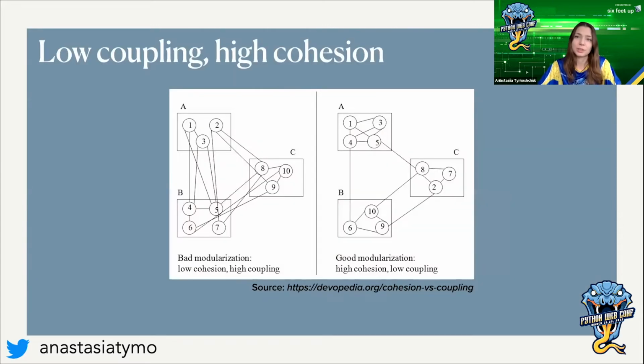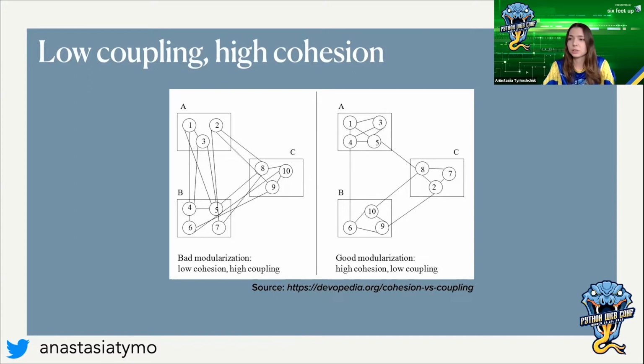There is an answer. You heard about it. Low coupling and high cohesion. Looks good, right? Cohesion is about how well elements within one module belong together and how well they serve one common purpose. Coupling is about how much one module depends on or interacts with other modules.